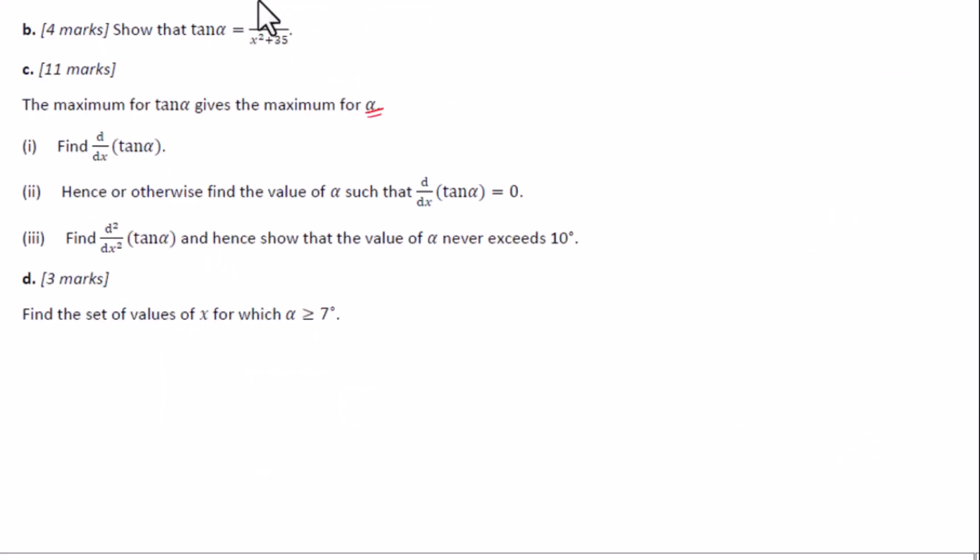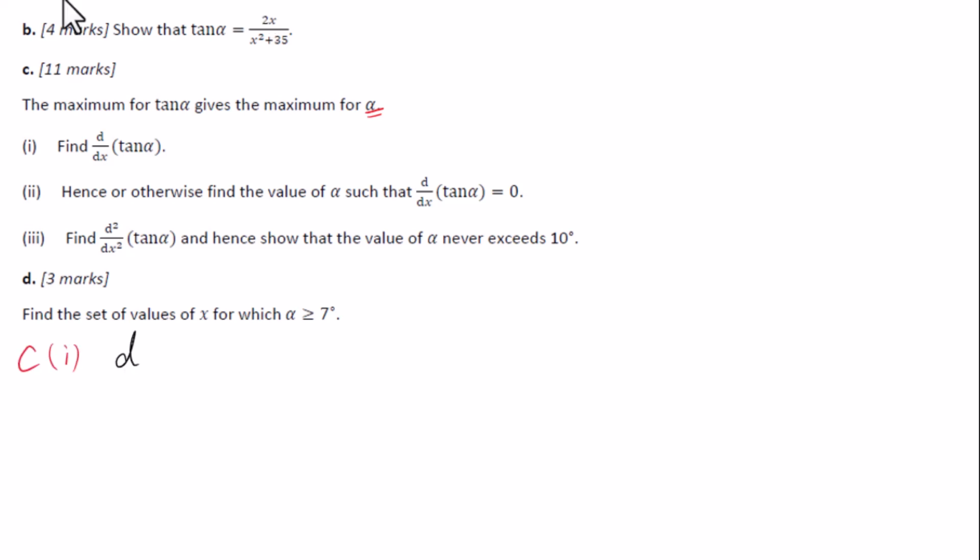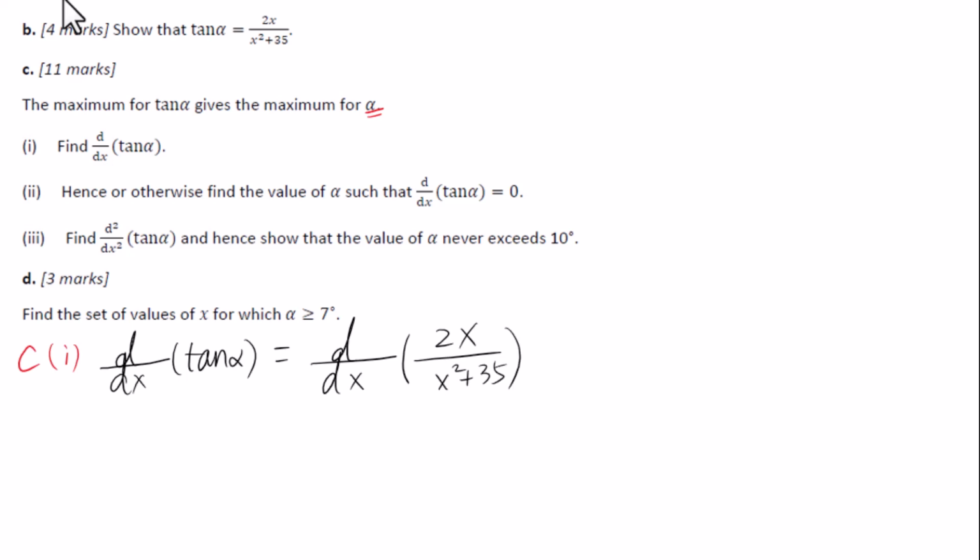The maximum for tangent alpha gives the maximum for alpha. Find the derivative of tangent alpha. For C1, d by dx of tangent alpha equals d by dx of 2x over x squared plus 35.